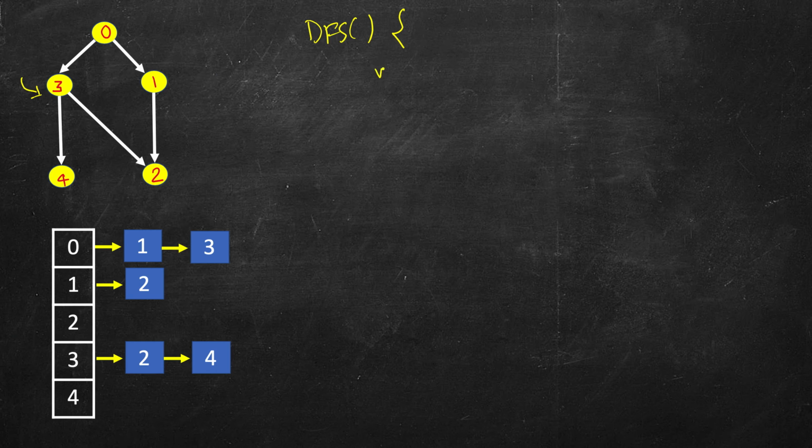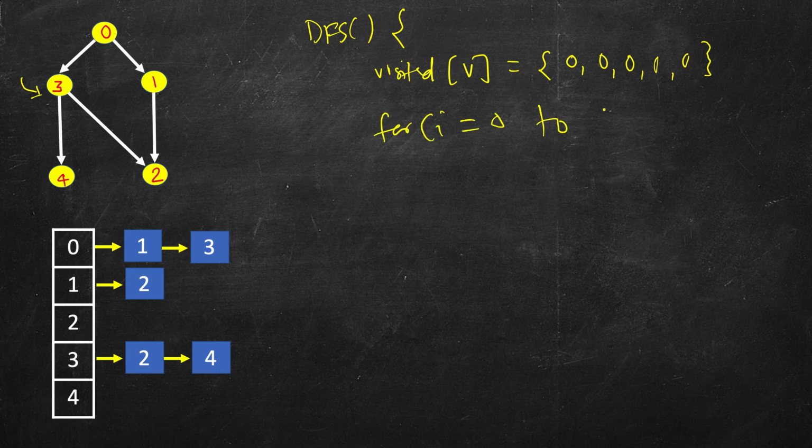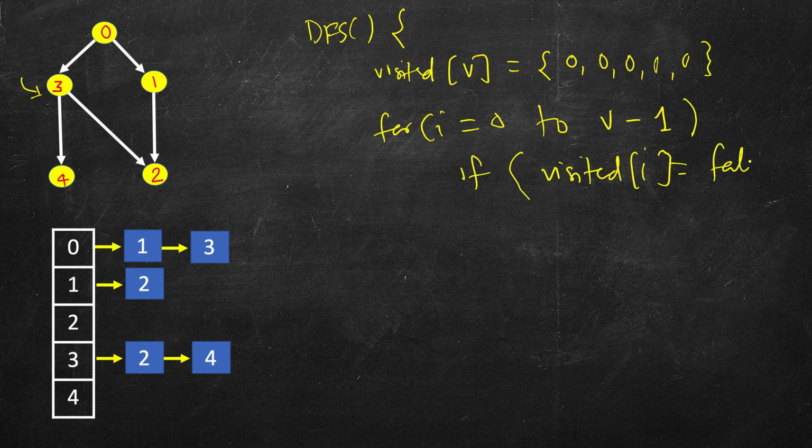So what we will do, we will create a visited array of size V. Everything is false. Then for I equal to 0 to V minus 1, if visited I is false, then you start DFS from that node I. And in DFS, this is, let's say, another function.